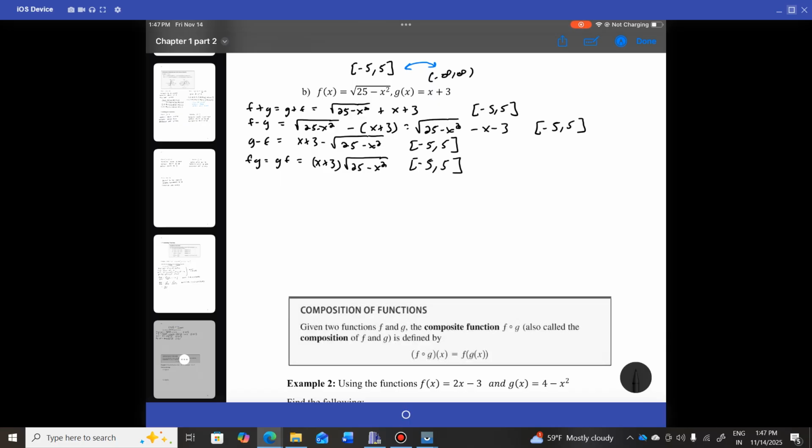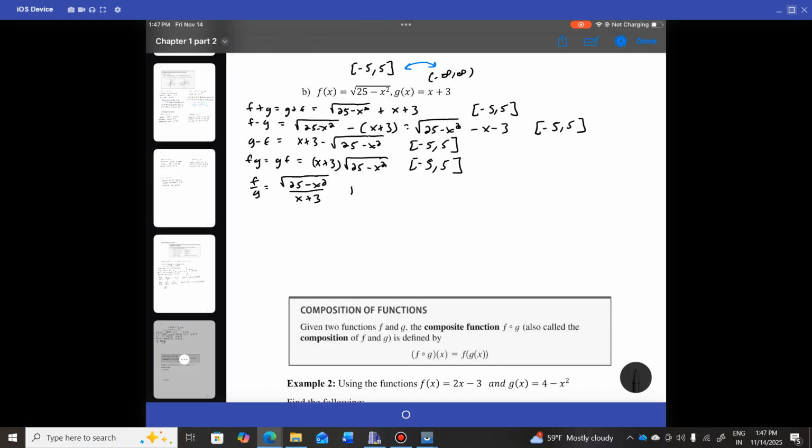Alright, so now f divided by g is going to be the square root of 25 minus x squared over x plus 3. We already have our restriction of -5 to 5 as the normal domain, but now we also have to restrict -3, because -3 will make g of x equal to 0.